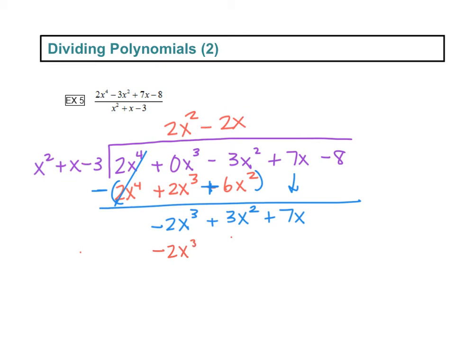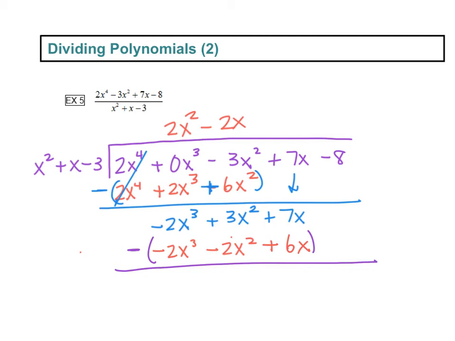Negative 2x times a positive x is a negative 2x squared. And negative 2x times a negative 3 is a positive 6x. And then we are going to subtract this whole thing from above.